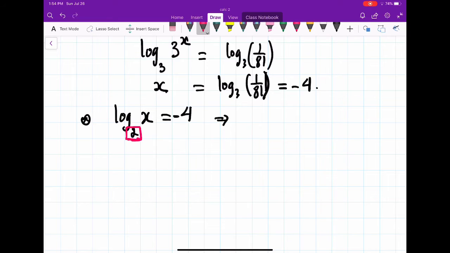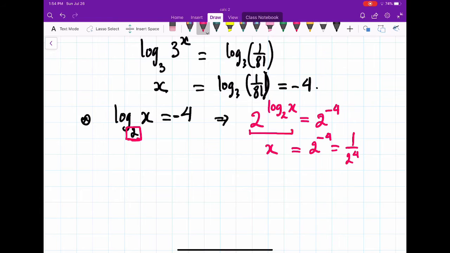You have 2, so I have 2 to the log base 2 of x equal to 2 to the -4. The left hand side is equal to x, and this is equal to 2 to the -4, which is 1 over 2 to the 4, which is 1 over 16.